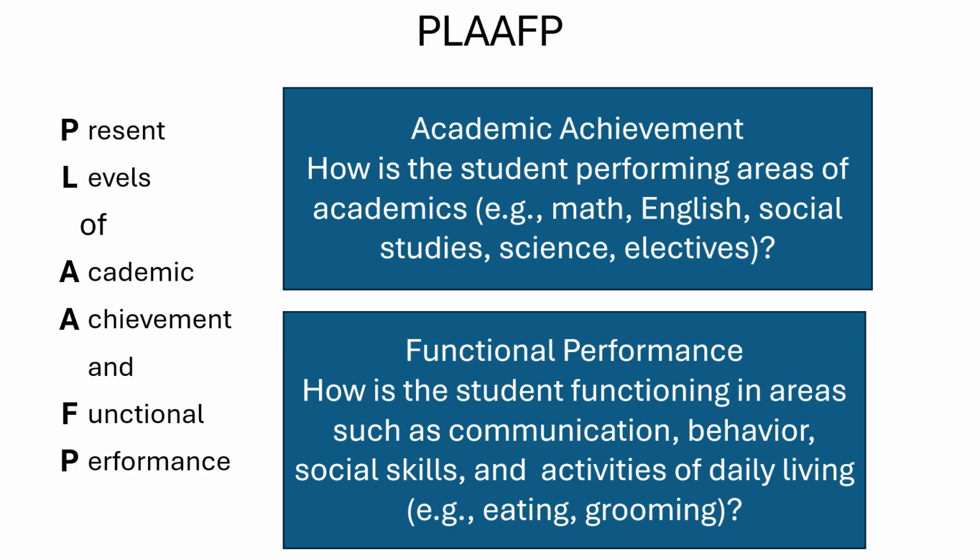What does PLAAFP stand for? Because that is a mouthful. PLAAFP stands for Present Levels of Academic Achievement and Functional Performance. Academic achievement deals with how that student is performing in the areas of academics, like math and science and social studies. So we might have grade data. They're making an 89 currently in English. We might also have district assessment data from things like the LTC, MAP, or from something like the M class.